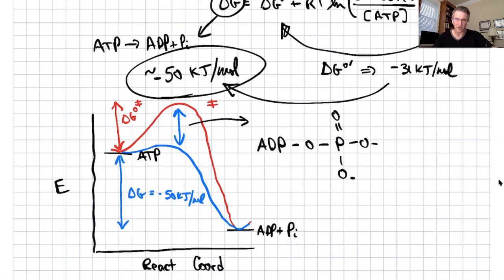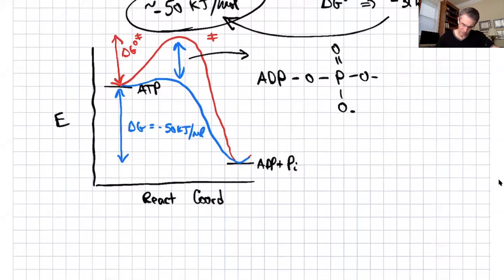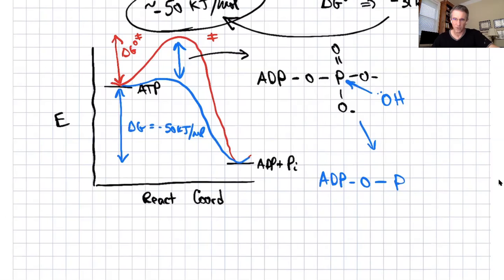It's got all this other oxygen on it, and it's not really in the mood by itself to soak up more electrons. What we have to do to get to the transition state, if we're going to hydrolyze, is have a hydroxyl equivalent attack that phosphate group, right?